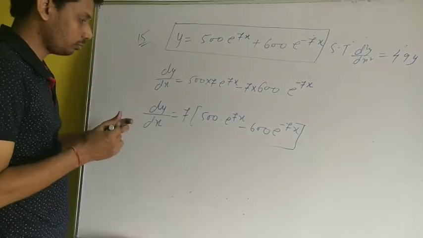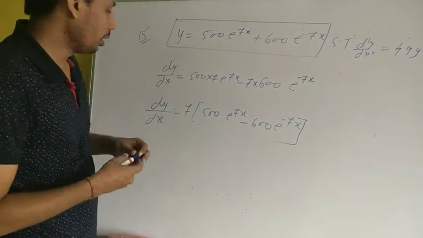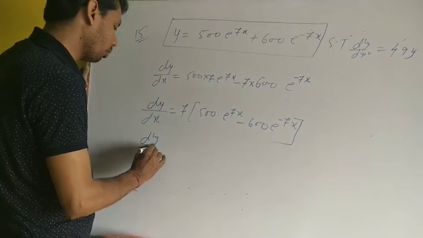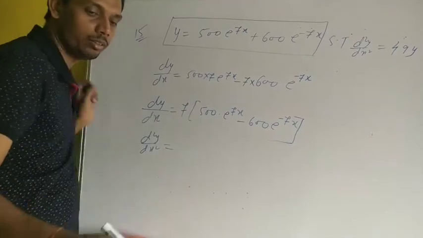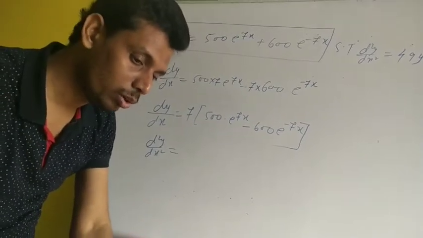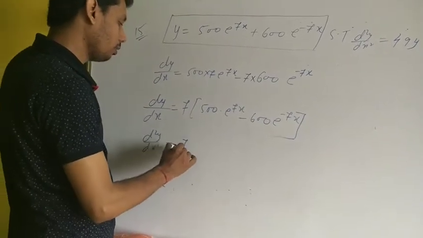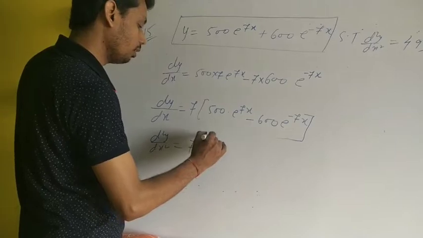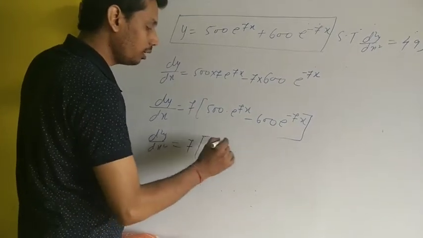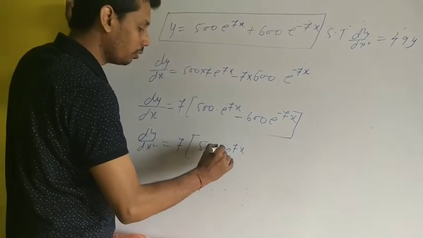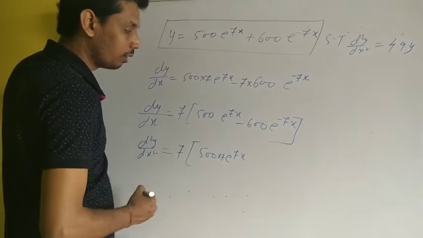Now let us differentiate it again. For d square y by dx square, differentiating this with respect to x, 7 is constant, 500 constant, differentiation of e to the power 7x is e to the power 7x, and differentiation of 7x will be 7.